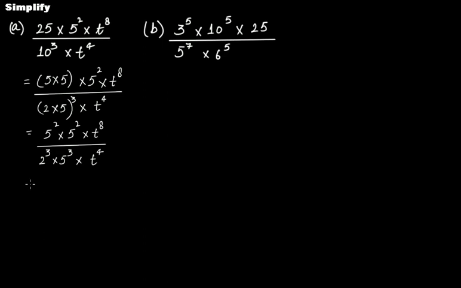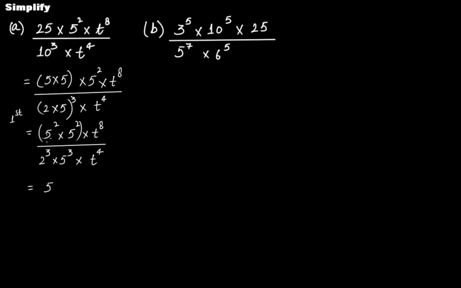Now this is 5 to the 2nd power times 5 to the 2nd power. If you apply the first law of exponents, that says that if the bases are the same, then you simply write the base and add the exponents.